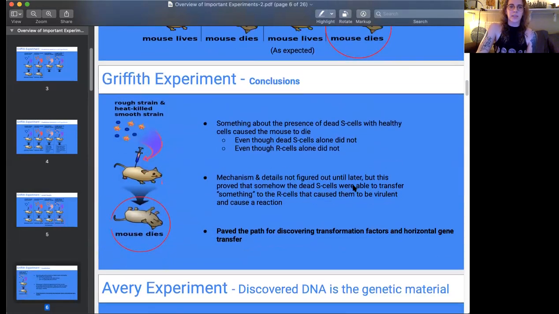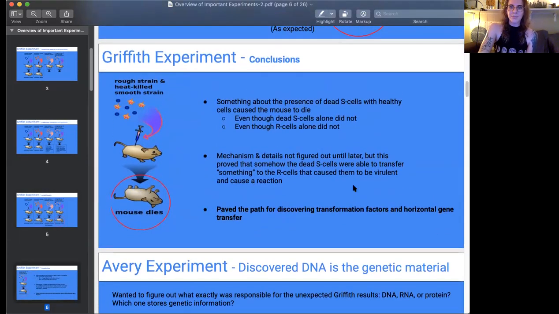Why that's important is that even though they don't know the mechanism at this point, they know that something is causing a transfer of these virulence factors to another type of cell. And this is important because these cells are already dead. So something in these cells, even when they're dead, is able to confer those virulence factors when transferred in here, which is pretty cool.